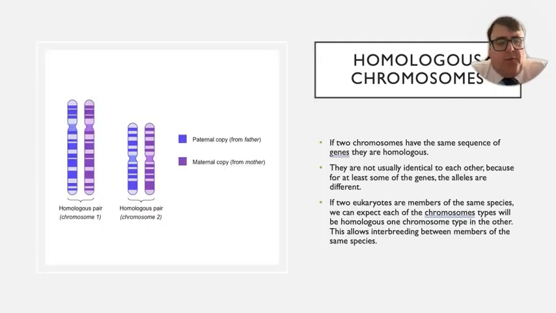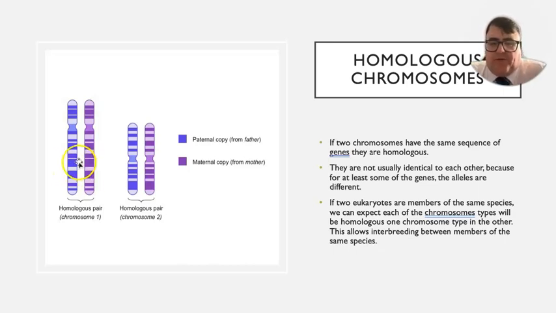Leading into a little bit more of a complicated topic is the phrase homologous chromosomes. Homologous means the same. So if 2 chromosomes have the same sequence of genes as each other in the same locations, we call them homologous. For example, we have 23 pairs of chromosomes in our body, one from mum and one from dad, which means that we have homologous chromosomes.